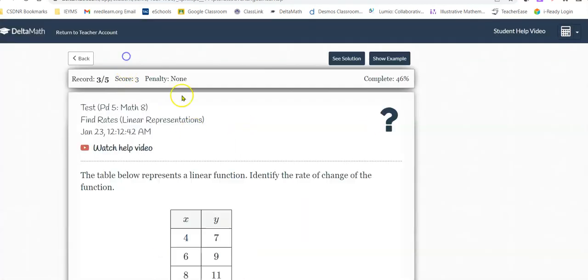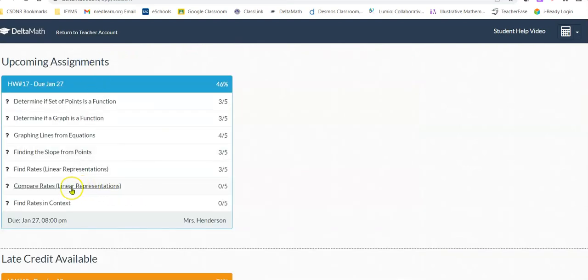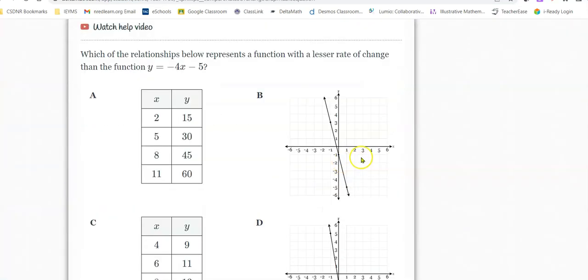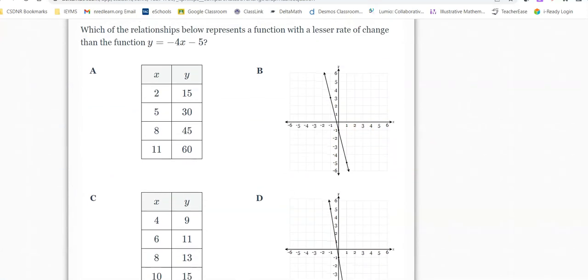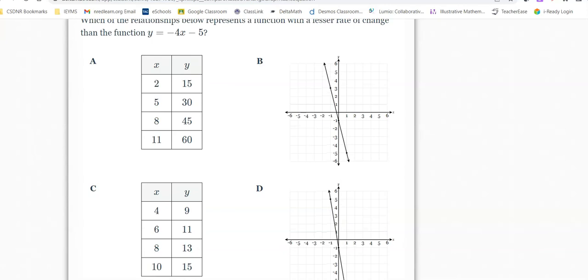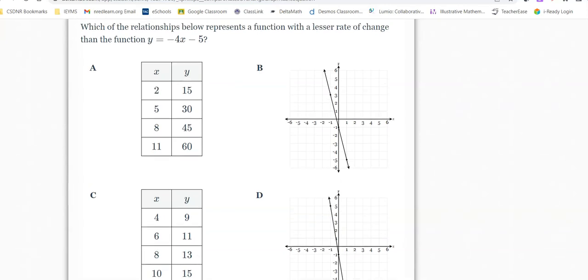So from a table, you pick any 2 points you like. For a graph, you count the rise and run. And now we're getting into the actual standard question, what an 8th grader is expected to do. You're expected to be able to compare rates of change between different styles or formats. So when I look at this equation right here, the rate of change is -4.